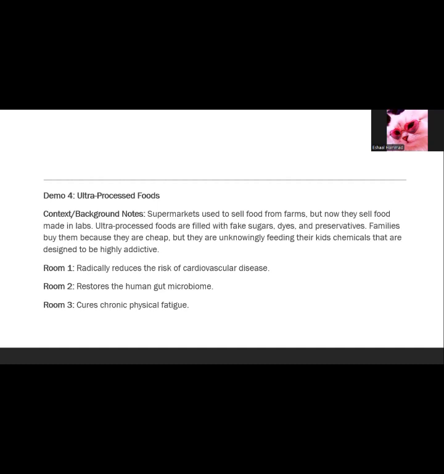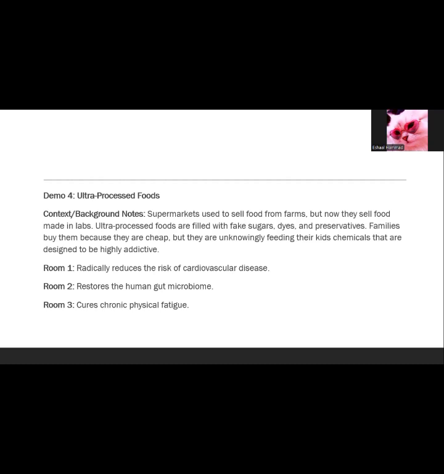Okay. So now, number four, ultra processed food. The context is supermarkets used to sell food from farms, but now they sell food made in labs. Ultra processed foods are filled with fake sugar, dyes, and preservatives.